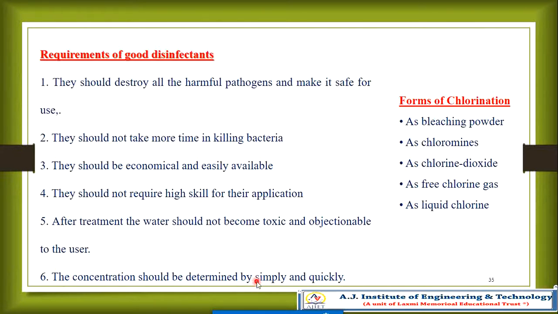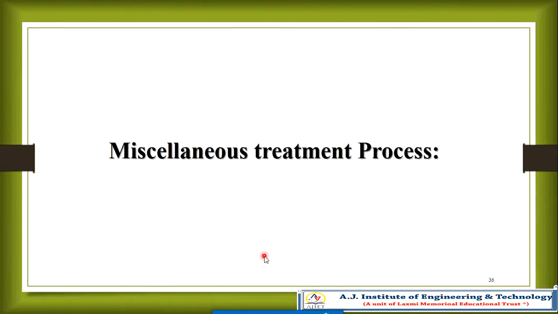Now we'll move on to another topic, that is miscellaneous treatment. Other than that, if any treatment is required, it is a miscellaneous treatment process. Normally we do not put these in all treatment plants. For example, in iron-bearing areas, iron removal is very important.